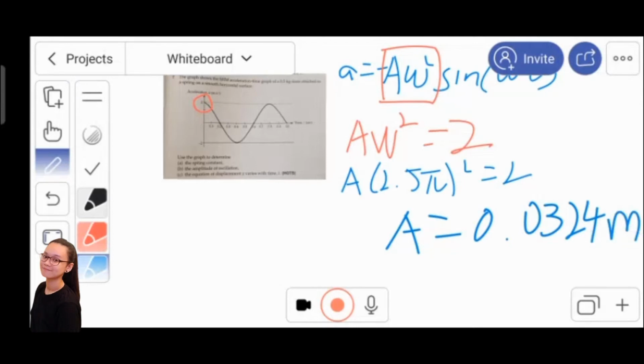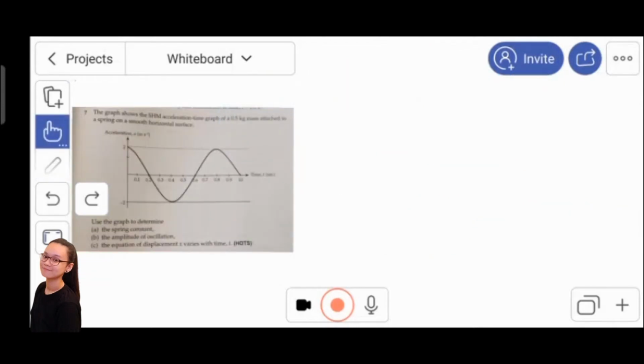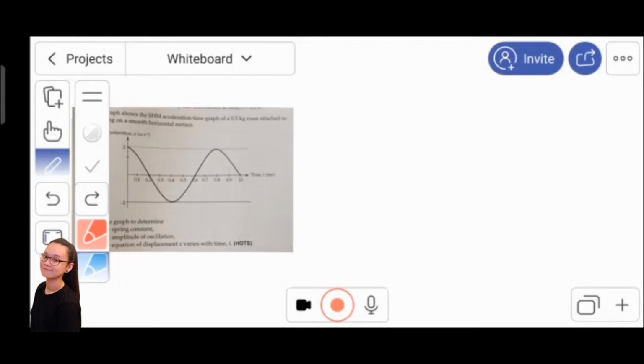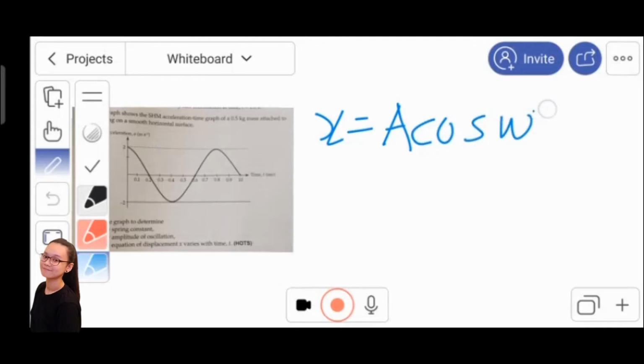Finished. Next, find the equation of displacement x varies with time. So the formula is s equal to A cos omega t. Why cos? Because as usual, our acceleration graph has a negative sign.